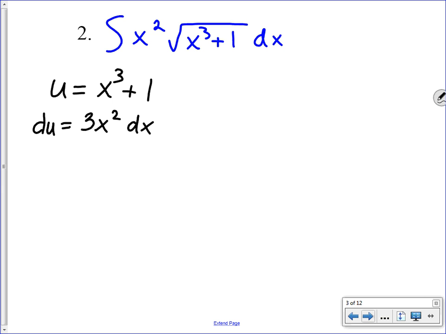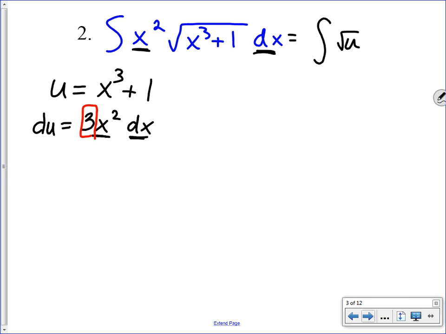We know that eventually we're going to have the square root of u. Now I notice that this x squared and this dx is part of my derivative, but we're missing a 3. So here's how I like to think of it.